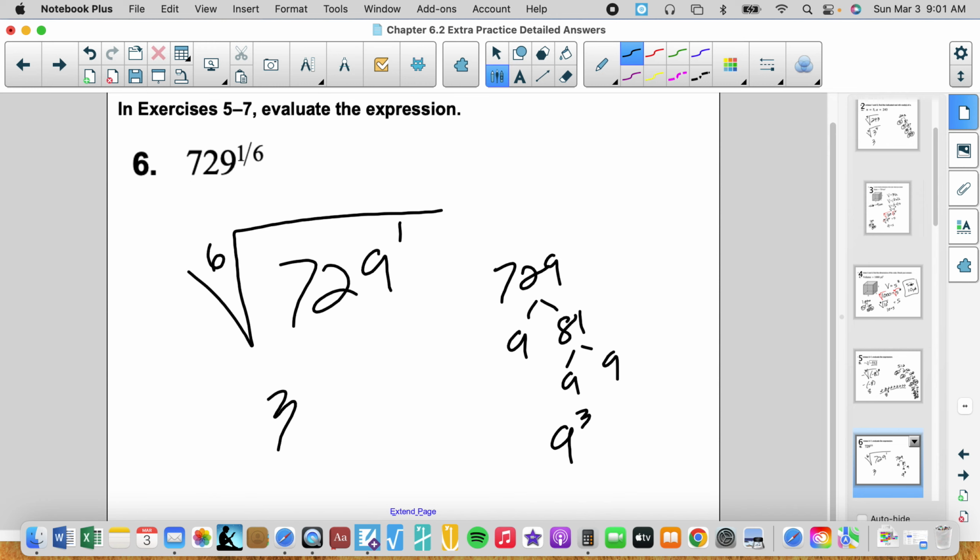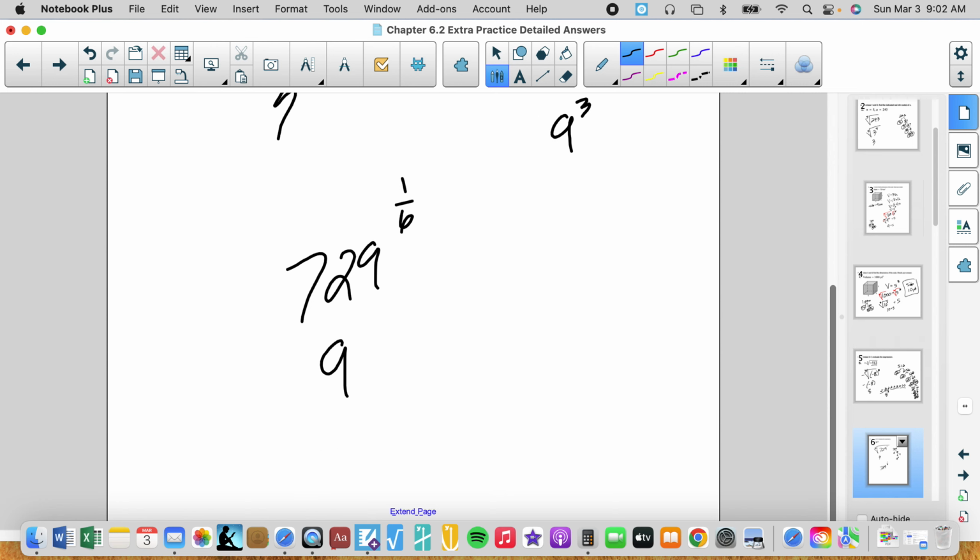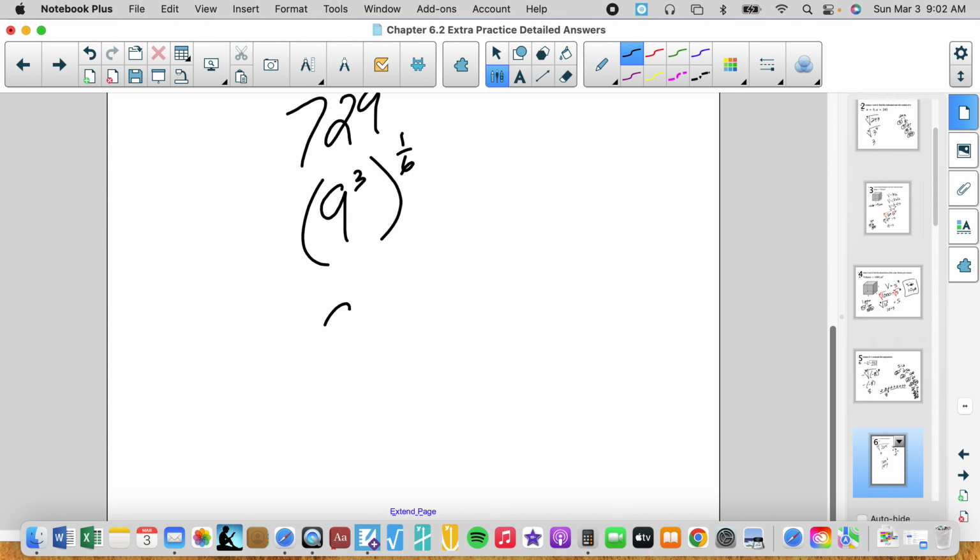So I'm showing you 729. Let's do this. 729 to the 1/6, right? And we can write that as 9 to the third to the 1/6. And remember, power of a power, we're going to multiply.